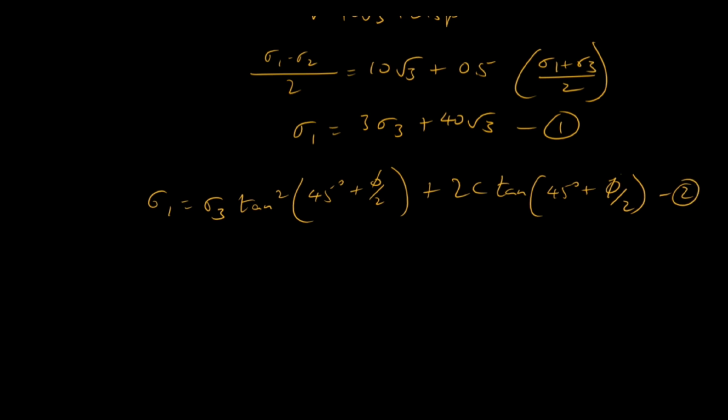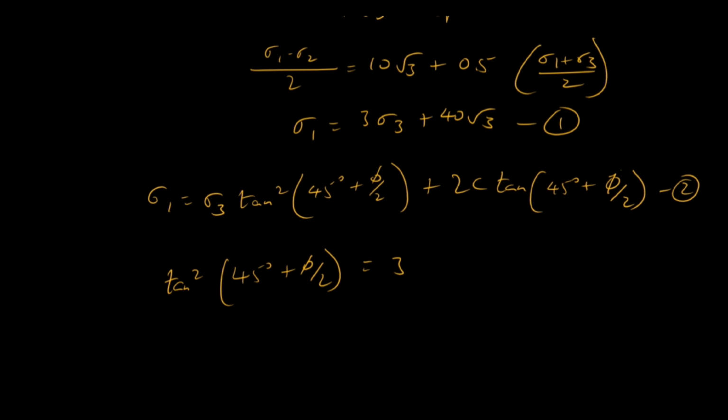We'll name it as equation 2. Comparing equation 1 and 2, we get tan square (45 degree plus phi by 2) equal to 3.